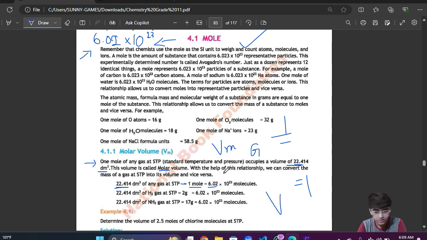You can just read it out and try to understand it, and vice versa. You can read a few examples. Now let's jump to an equation or exemplar question that can help you continue throughout this journey of molar volume.